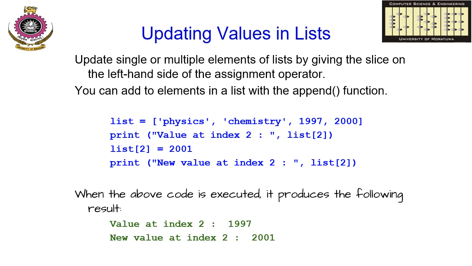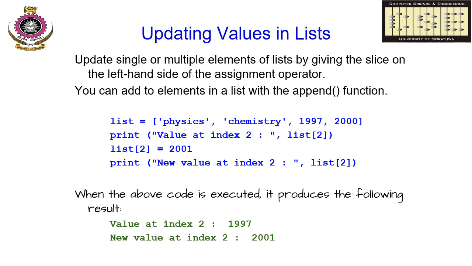You can update single or multiple elements of a list by giving the slice on the left hand side of the assignment operator. Also you can add elements to a list with the append function. There's an append function available in the list library. You can call that function to add or append an item to an existing list.